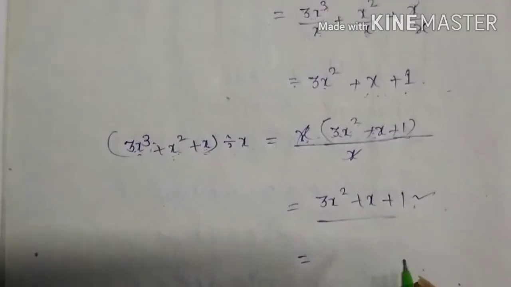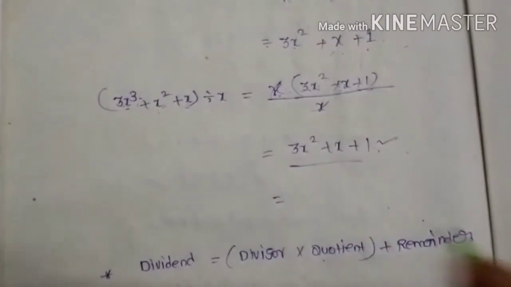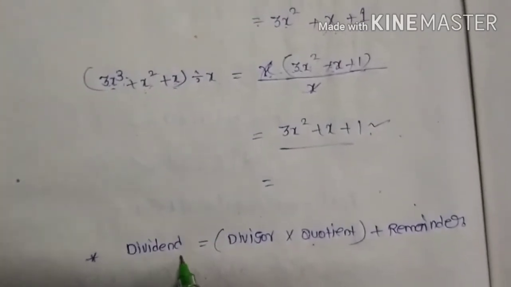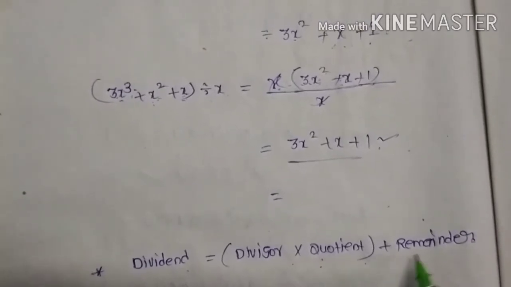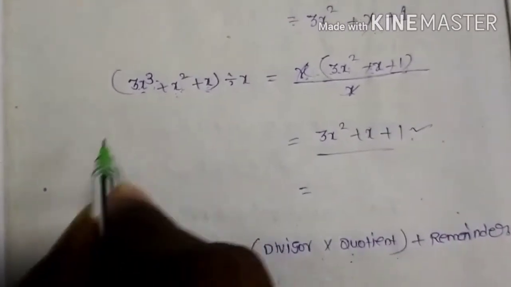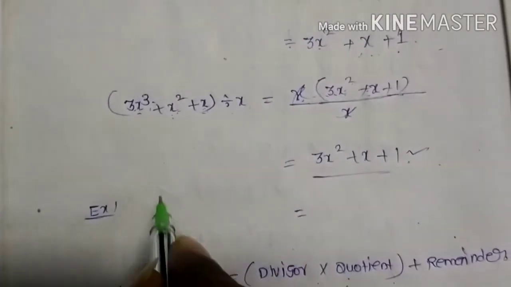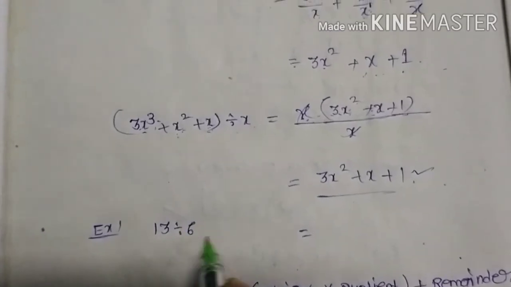So already you know from the previous problems, we have discussed how to write: dividend is equal to divisor into quotient plus remainder. How can you see this? I am taking one example with numbers. See, for example, I am taking 13 divided by 6.